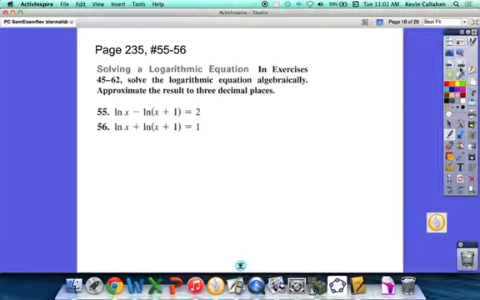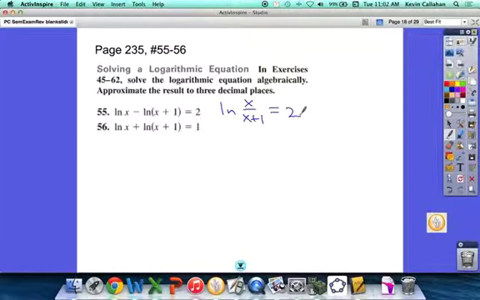For example, this first one, how do you combine those 2 logarithms into one logarithm? It's called condensing. That would be ln of, because it's a minus, no, x over x plus 1 equals 2.